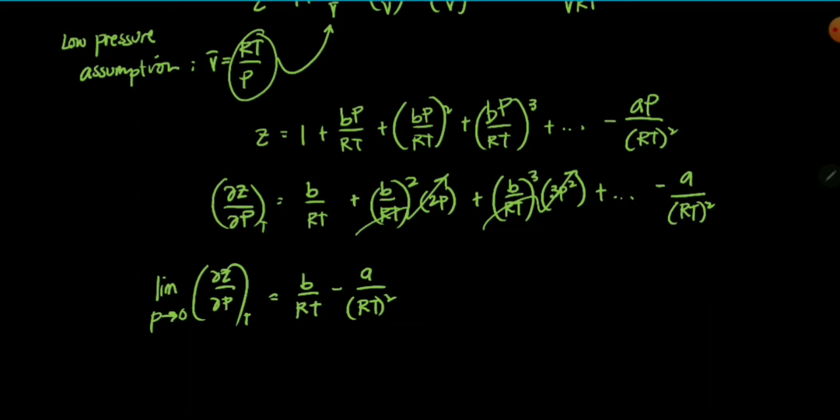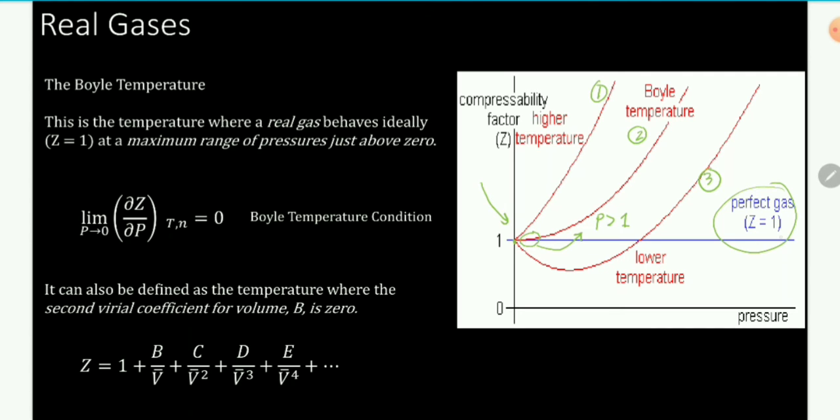So, paano natin makukuha ngayon yung Z equals 1 na line? Makikita nyo dito na yung Z equals 1 na line ay may 0 na slope. So, ibig sabihin, this part should have partial Z with respect to P at constant T, which is equal to 0.